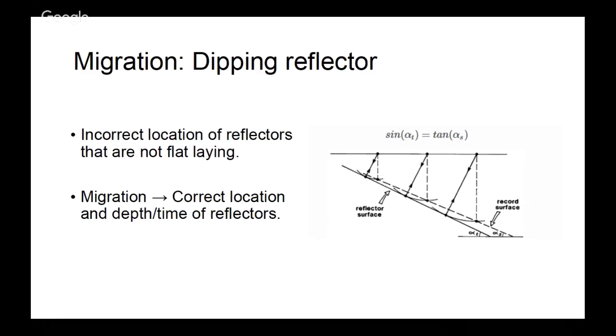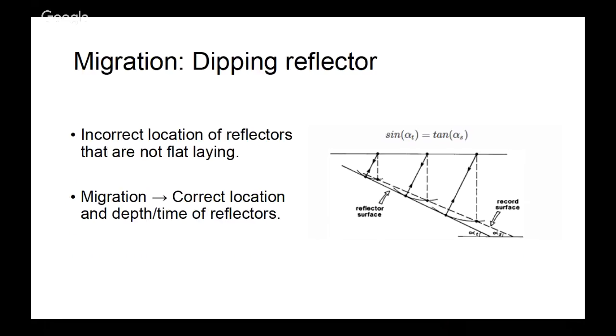So spatially or temporally, are those reflections actually where the interface is in the subsurface? And that's important because we are making this assumption that our source and receiver are at the same point. So any reflection that comes back has to be hitting the interface at a 90-degree angle and coming straight back up to the same point.